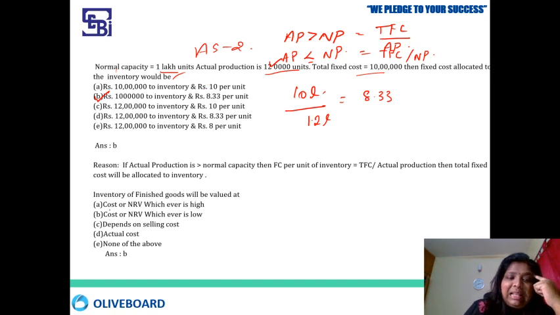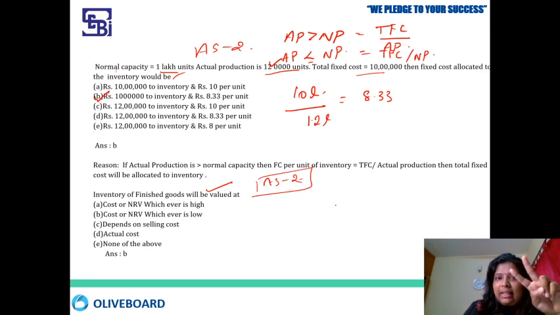All right. Next one. Inventory of finished goods will be valued at. Guys, again this is relating to Accounting Standard 2. Now please remember we have seen that this inventory will be valued. Inventory is divided into two categories, right? One is raw material and one is finished goods or WIP.